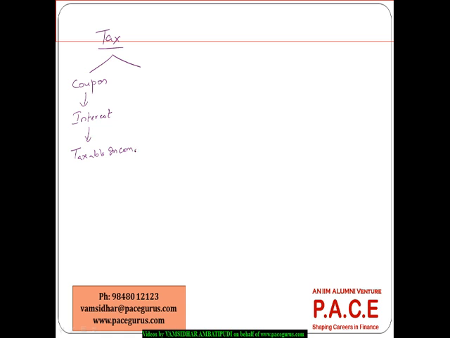Just like the way the salary is taxed, the interest payment is also taxed in the same way. And in some cases, especially if they are government securities, there could be some kind of exemptions for some bonds. Even the interest that is received is exempted from income tax as well.